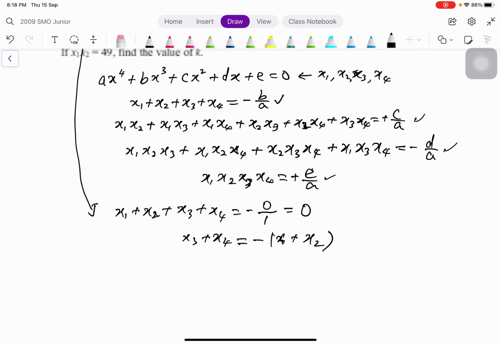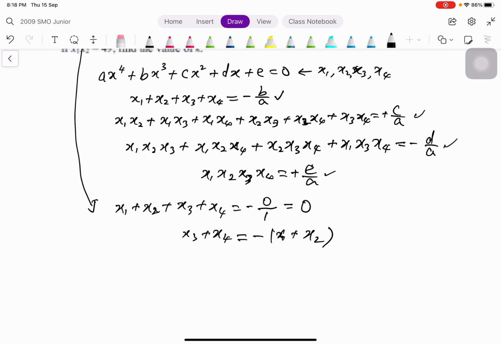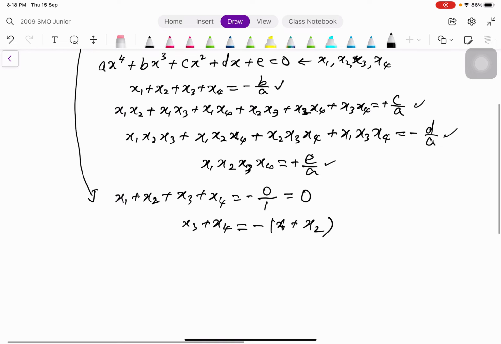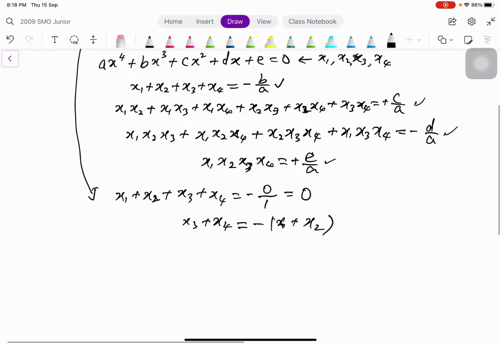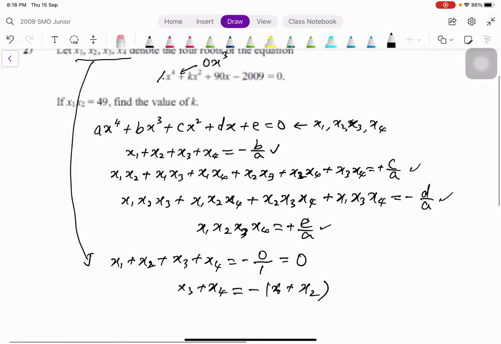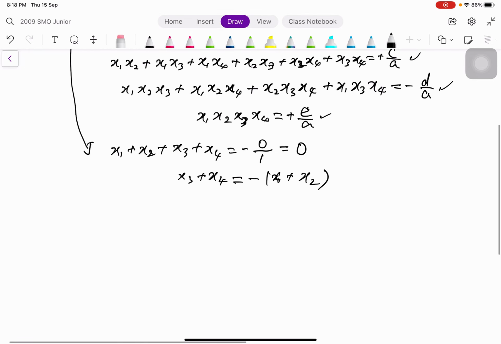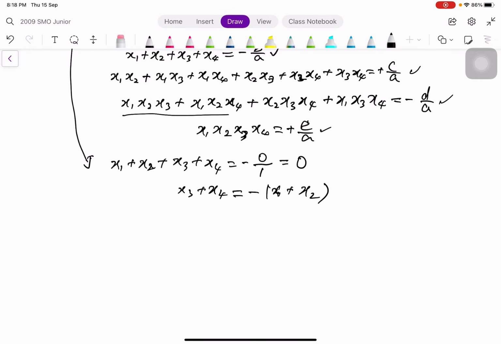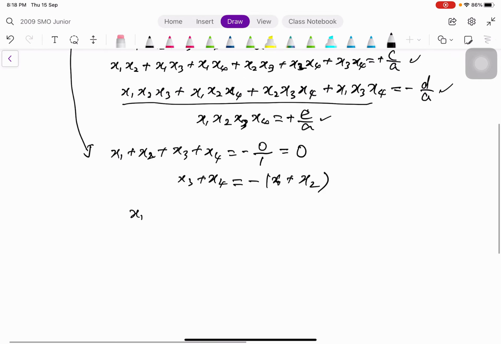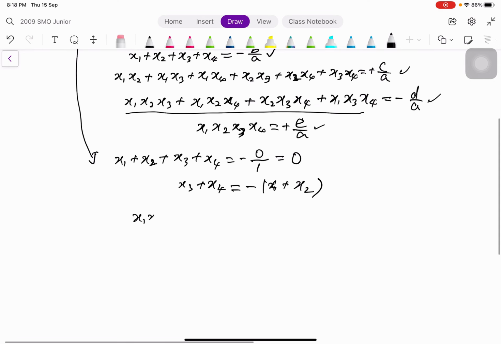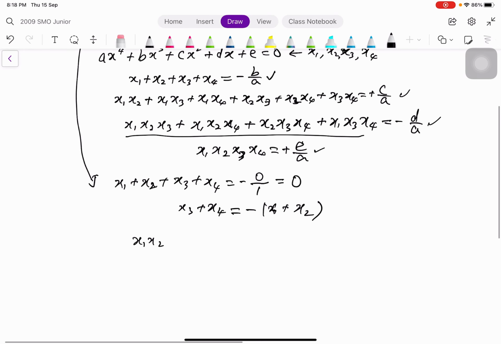Now, based on the product of three roots, let me write down this one here. This would be x1x2, and if I combine these two terms, I will get x3 plus x4.